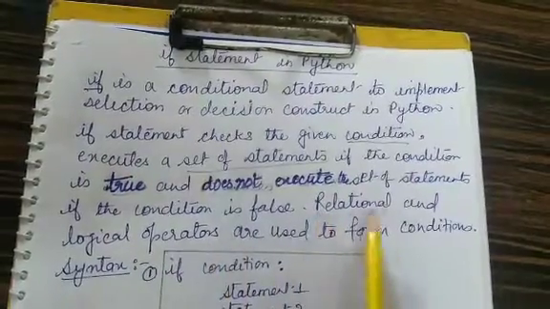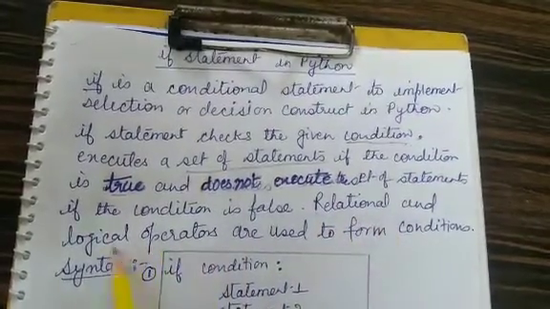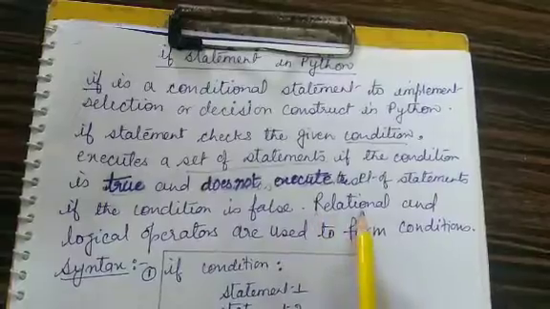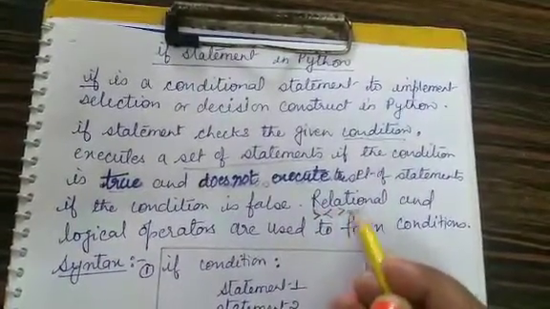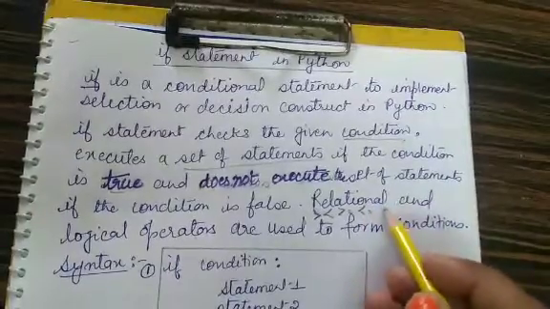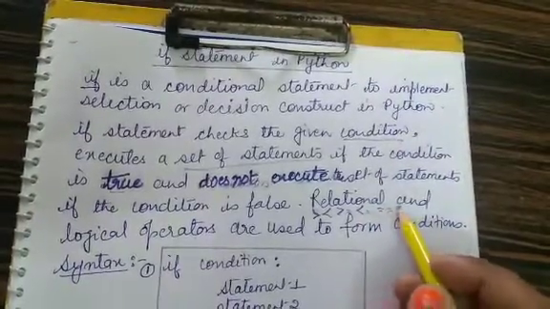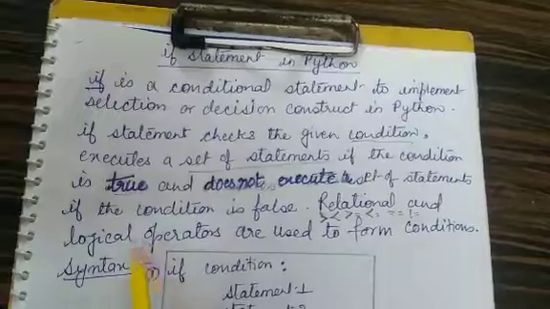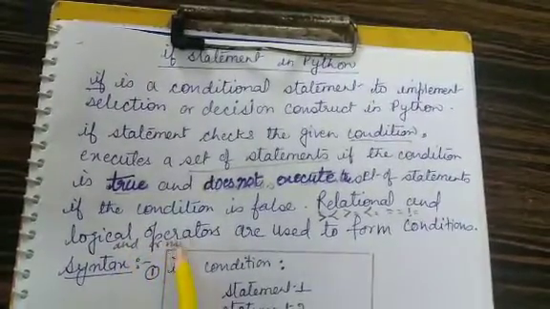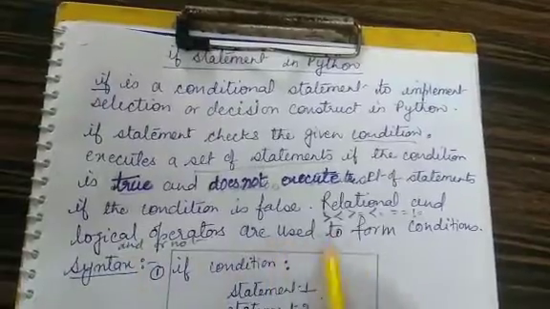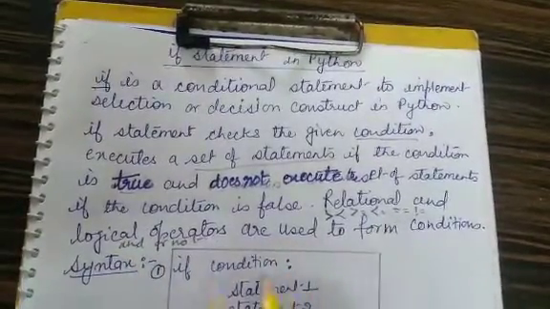So remember the relational operators and logical operators in Python. The relational operators are greater than, less than, greater than or equal to, less than or equal to, equal to, and not equal to. The logical operators are and, or, and not. These are used to form the conditions.